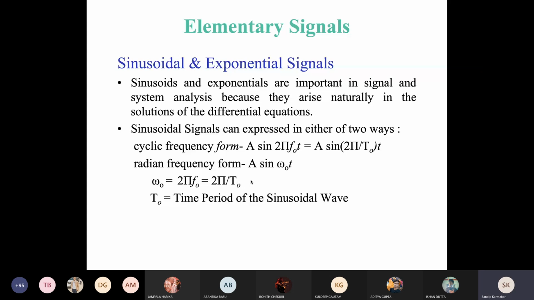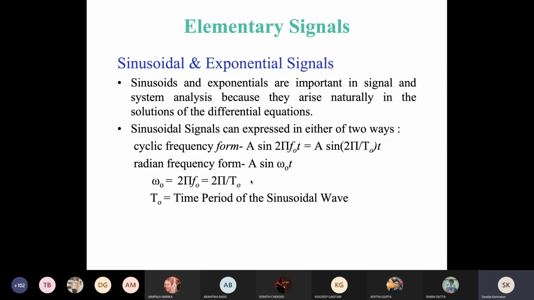In the radian frequency form, it is A sin omega 0 t, where omega 0 equal to 2 pi f0 equal to 2 pi by T0.